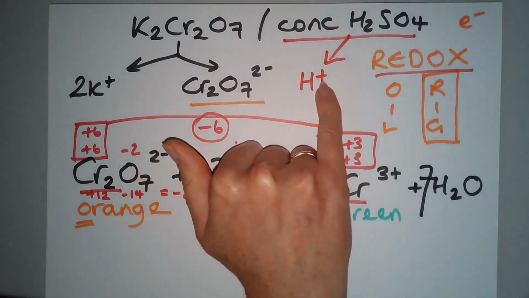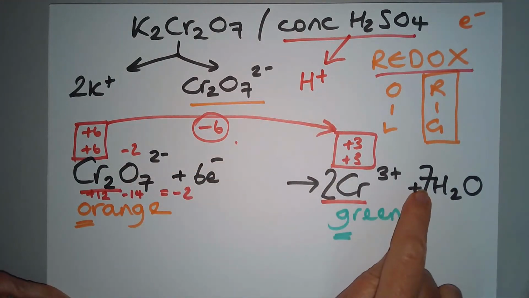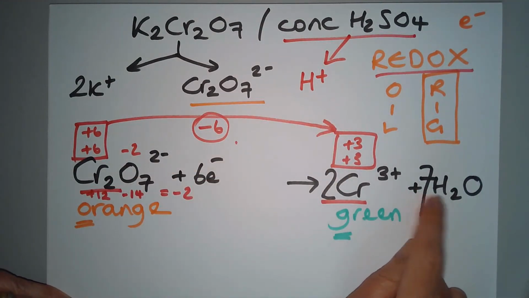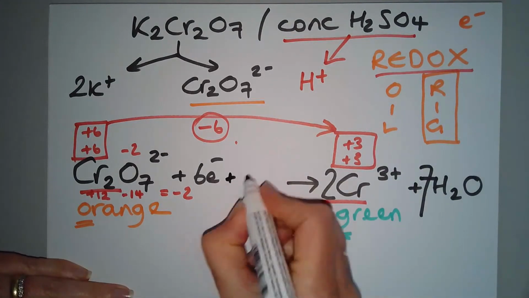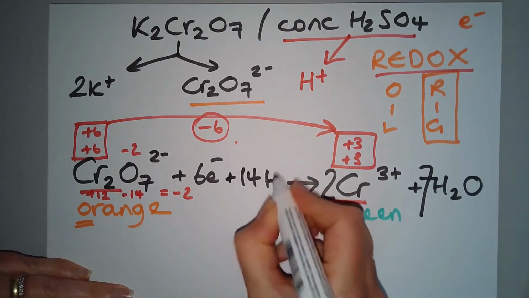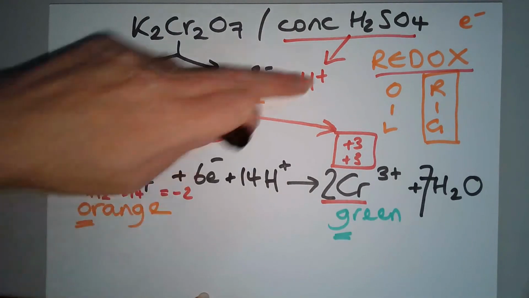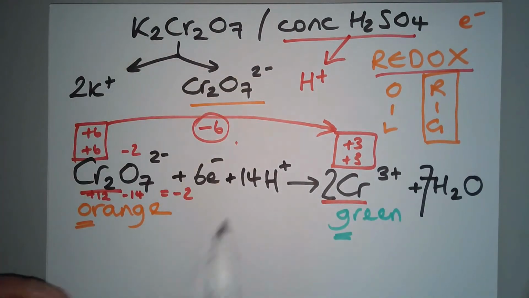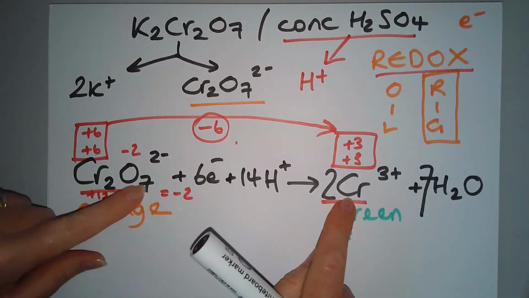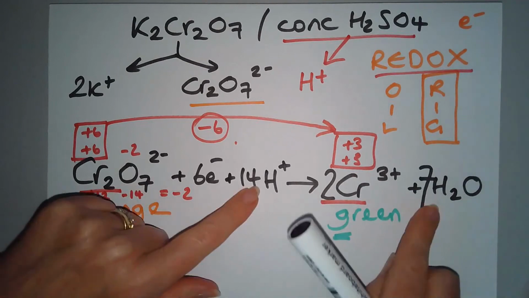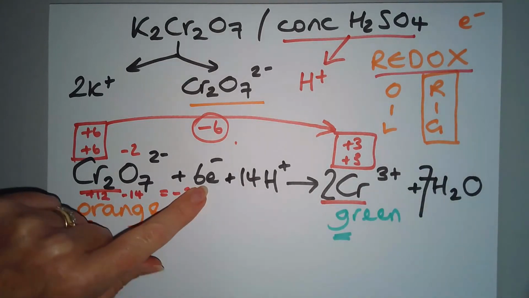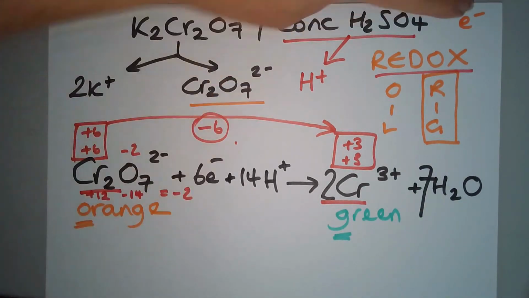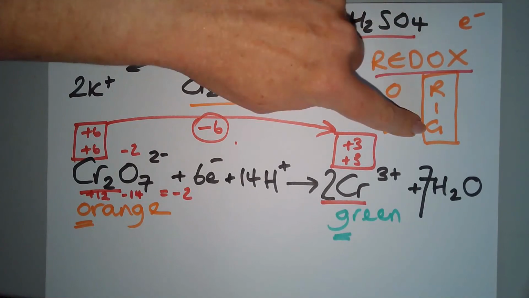So don't worry about the charge just yet. We've got 7 lots of 2, so 14 hydrogens, but it's the protons that we're going to use. All right, we're in acidic conditions. So if we count up all the symbols, we've got 2 chromiums, 7 oxygens and 14 hydrogens, and we've got our electrons in there because it's a half equation and it's the reduction half equation.